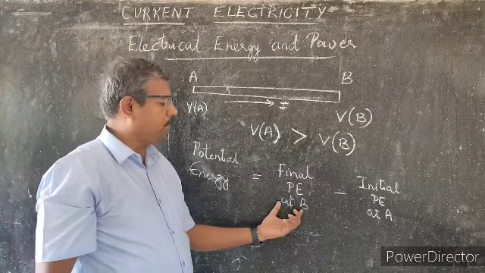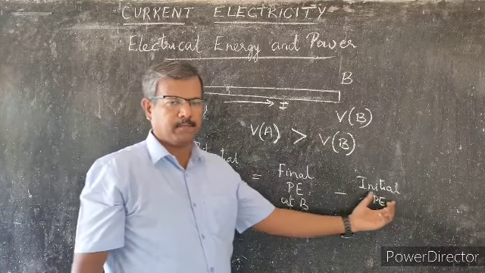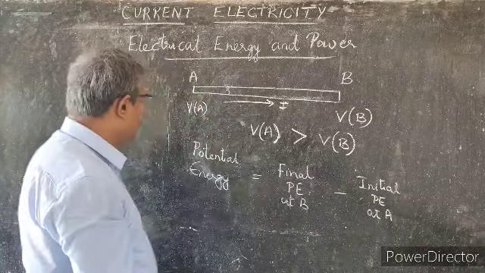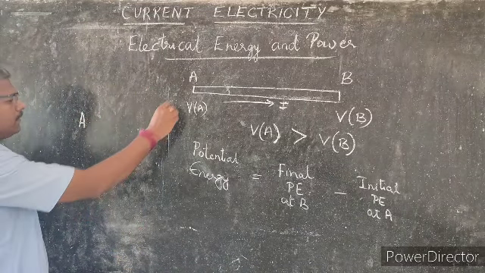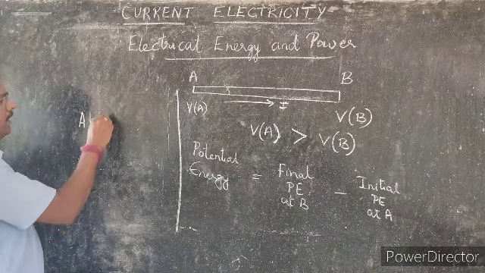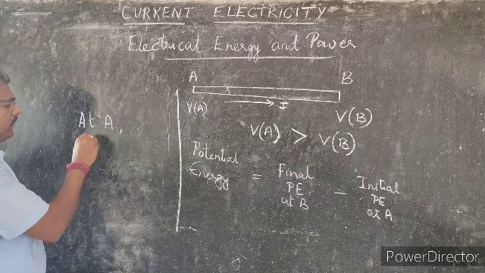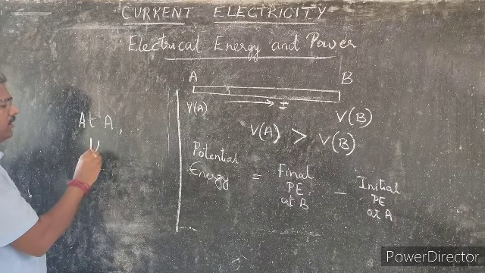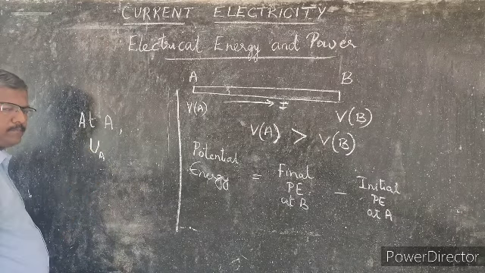So what would be the potential energy at B or A? At A, let's say I denote the potential energy as UA.